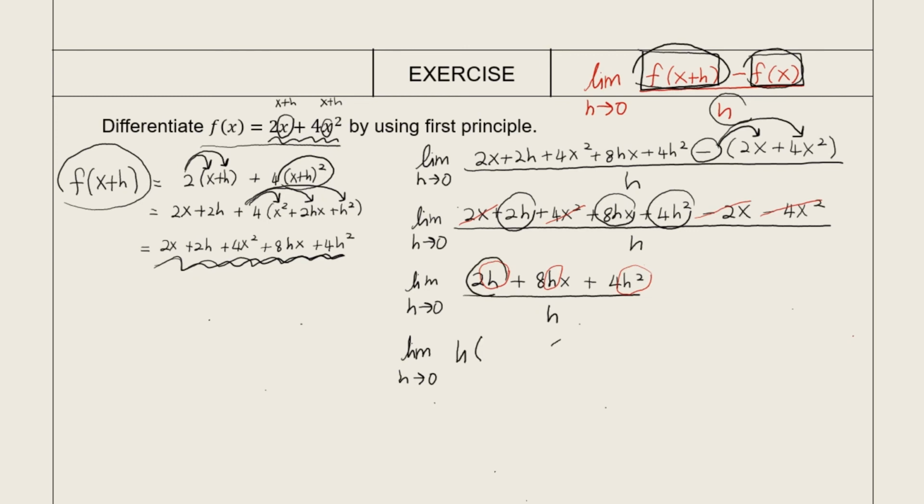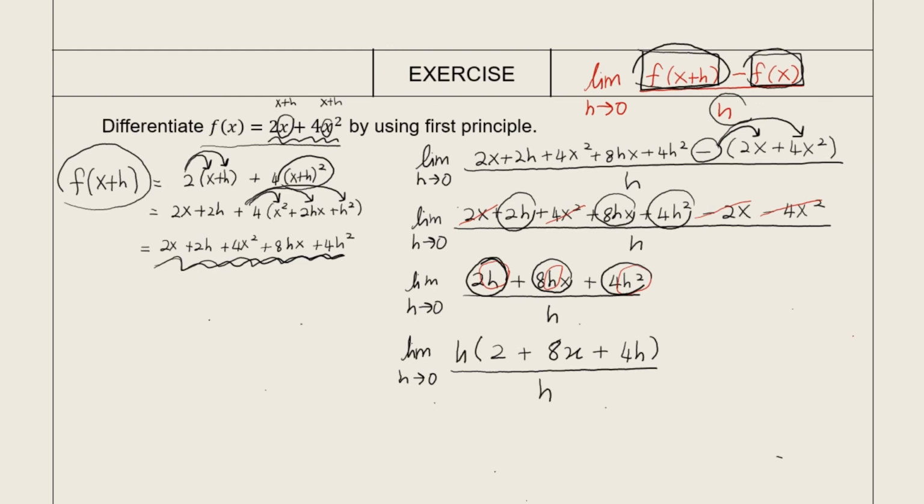So what is left for your term here? Only 2, because you already factored out your h. Plus, this one you factor out h, it is left with only 8x. Plus, this one you factor out 1h, so it is left with only 4h here. And don't forget that you have your h in the denominator.